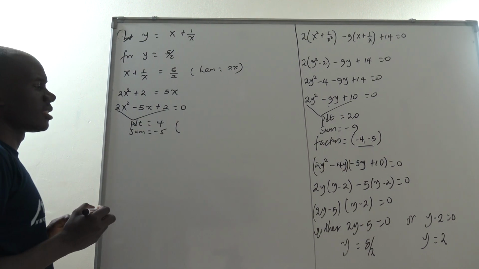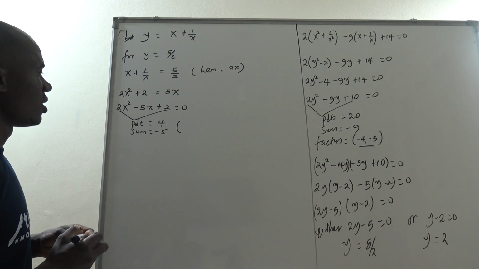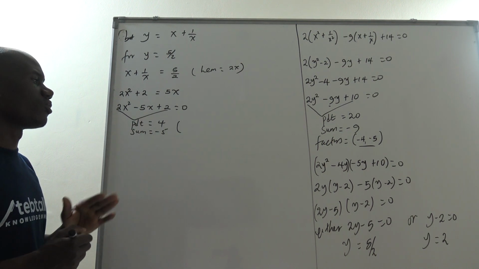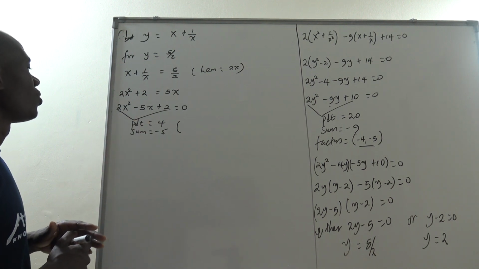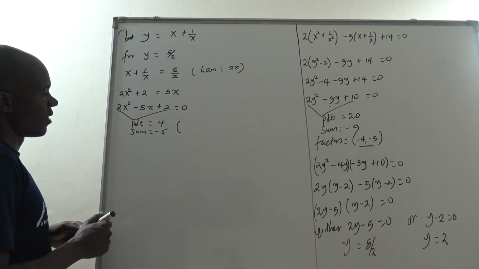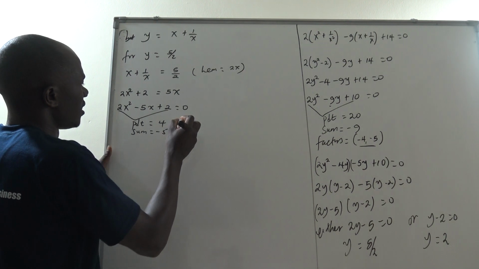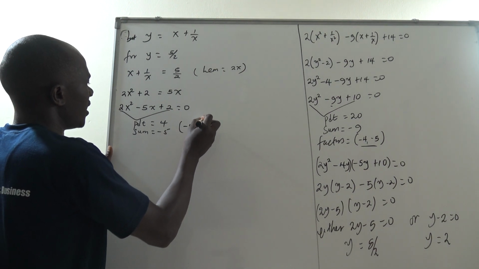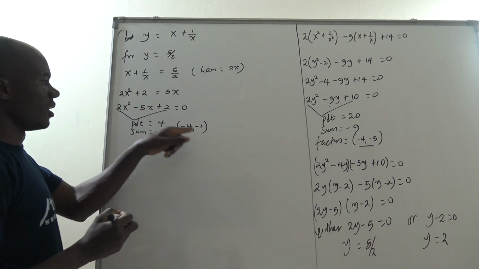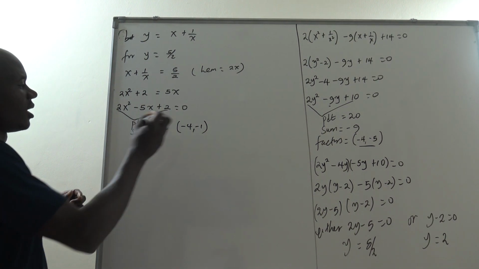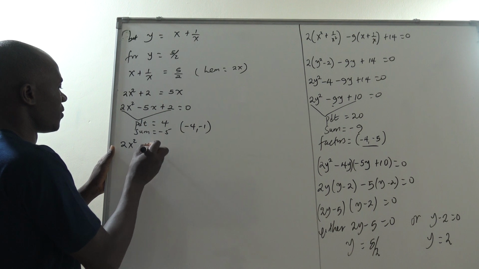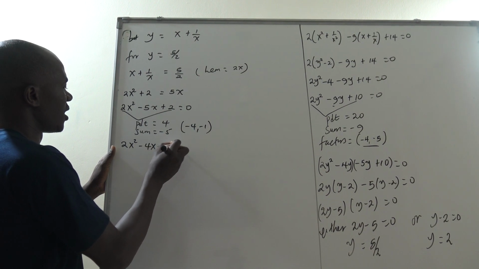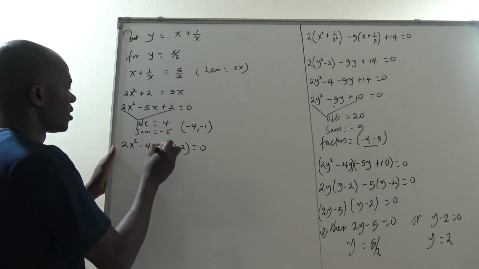Think of two numbers that when you multiply, you come out with +4, and when you add, you come out with -5. I can see we have -4 and -1. So instead of this, we substitute these in. So we have 2x squared minus 4x minus x plus 2 equals 0.